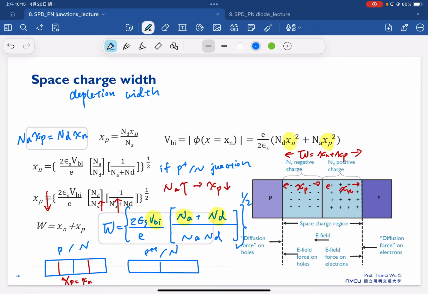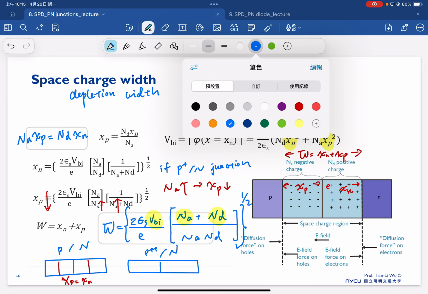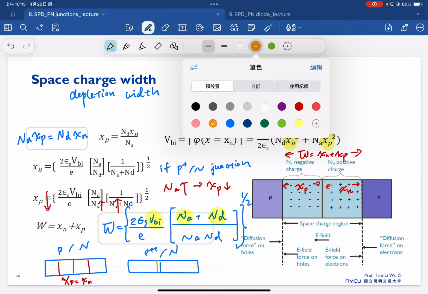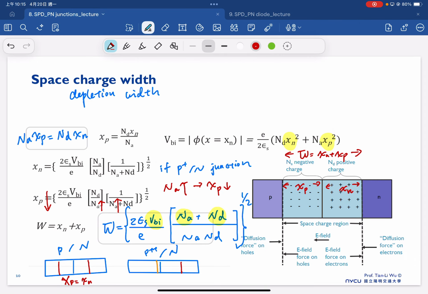In this case, because we have a very high P-type concentration, ideally we will have a very narrow P depletion width compared to the N. So in this case, Xp will be much smaller than Xn.